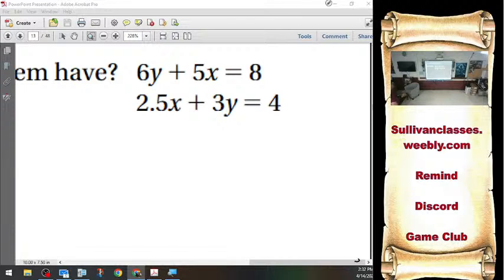I'm curious what kids chose. Who got top y by itself? Top x by itself? No one? Bottom x by itself? Two of us? Three?